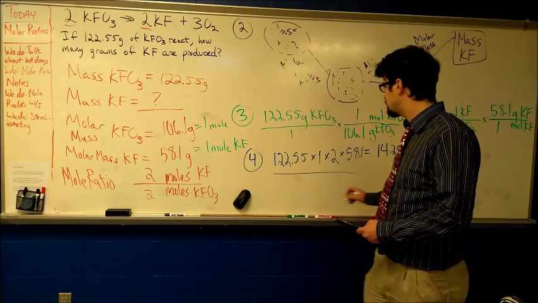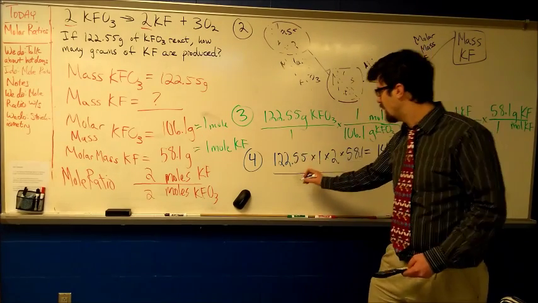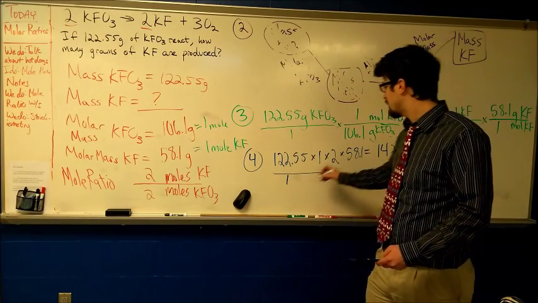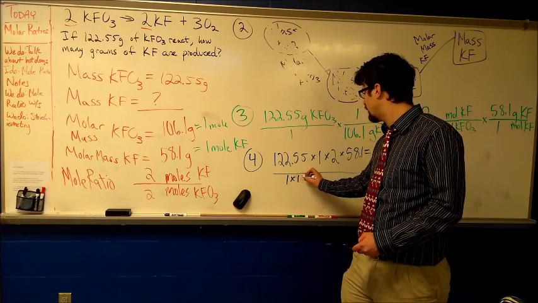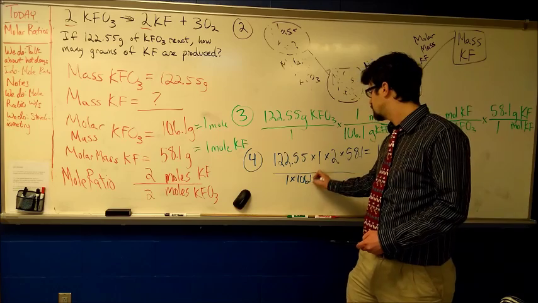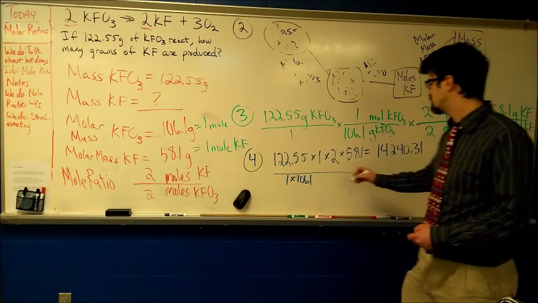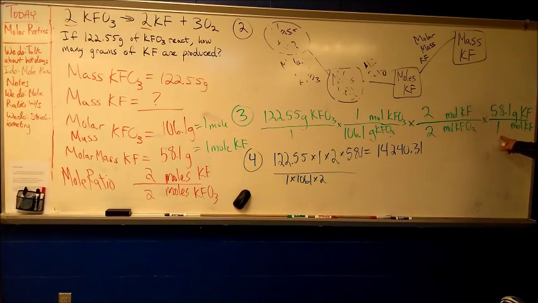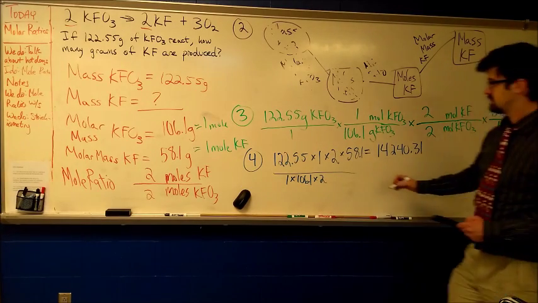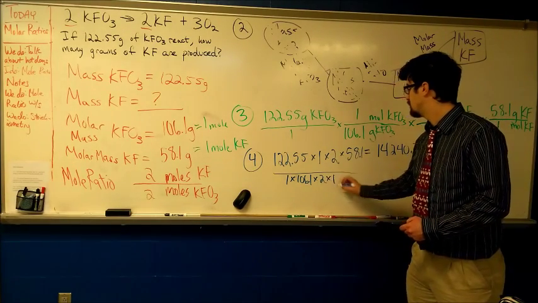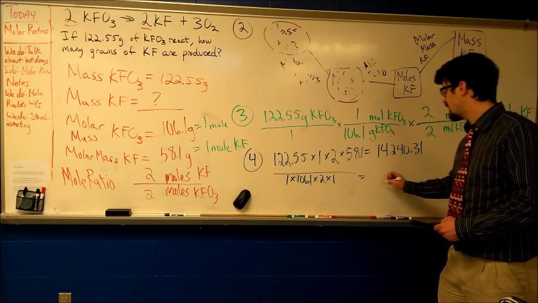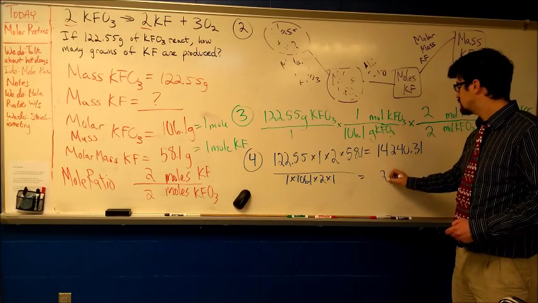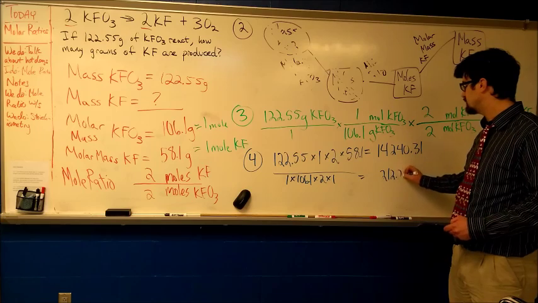And I'm going to do the same thing on the bottom. I've got 1 times 106.1 times 2 times 1. And when I do that, I get 212.2.